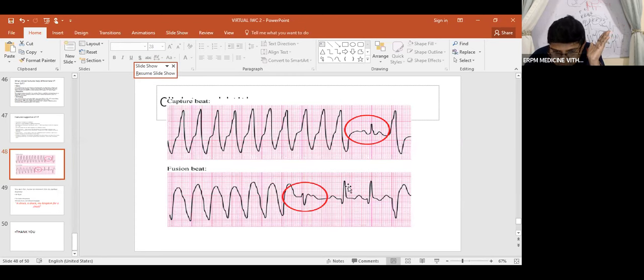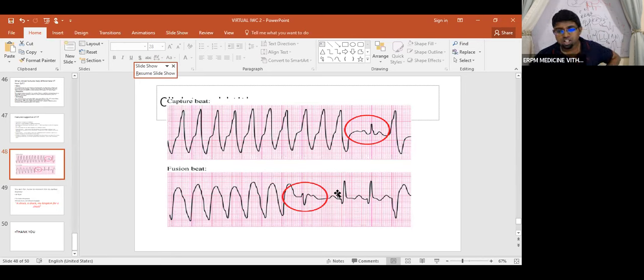If you look here and here, this VT beat and normal beat have joined together and are producing a new beat that is called a fusion beat. Understood? So tell me the two features I told you now for VT, please.